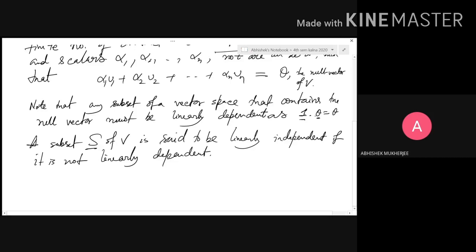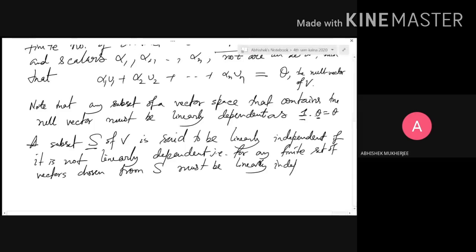That is, any finite set of vectors chosen from S must be linearly independent.